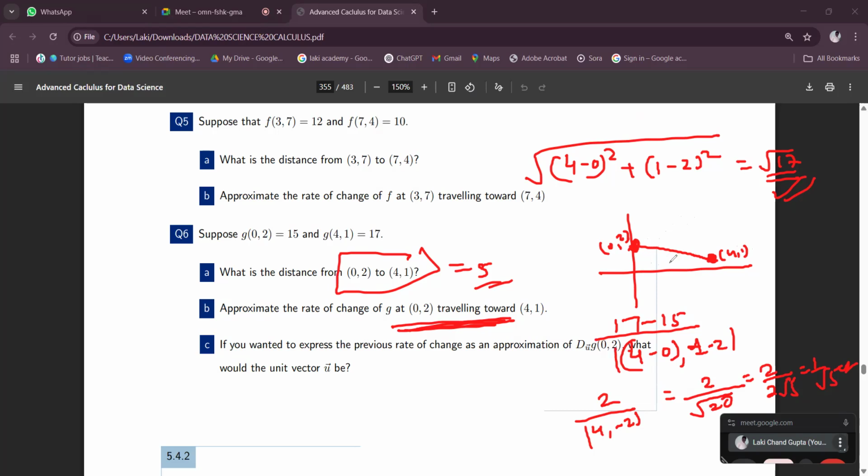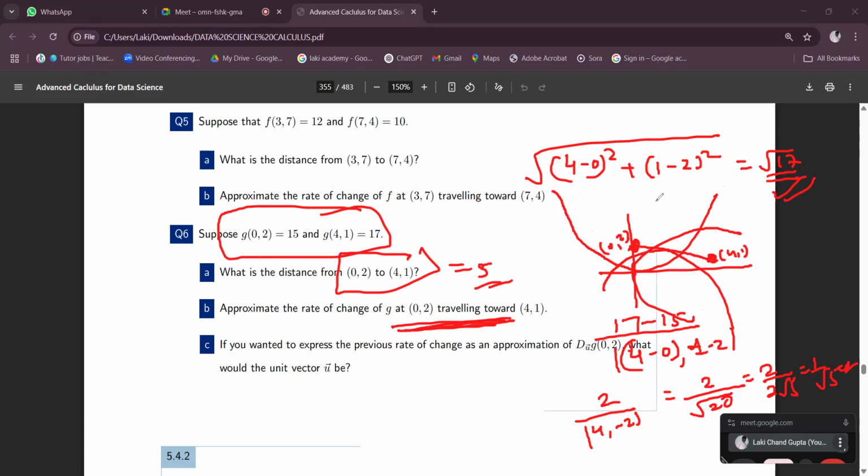Distance is square root of 4 minus... It is not important what type of function it is; the function may be anything. The graph of this function may be anything, right?